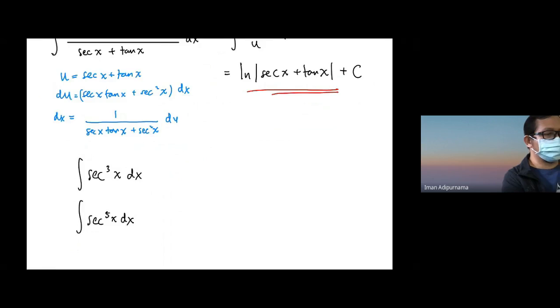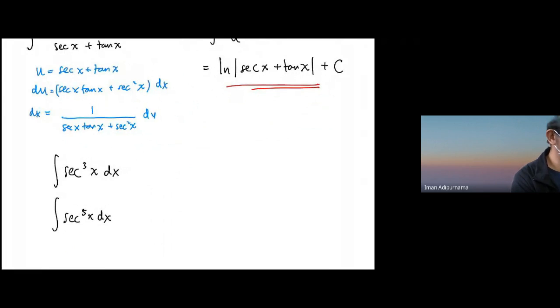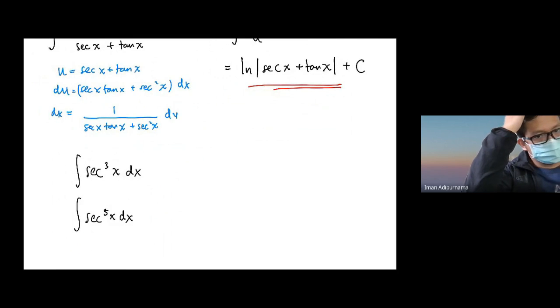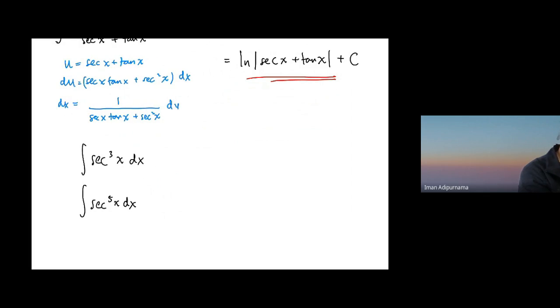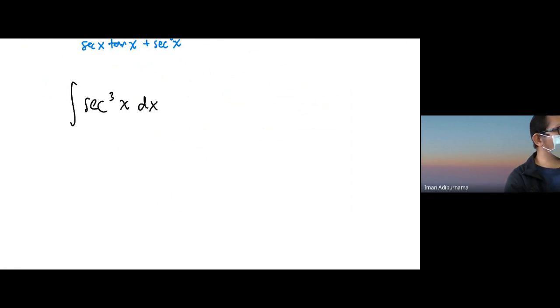Let's try the cube first. Now, the secant cubed: the idea to solve this is to separate it into secant and secant squared.